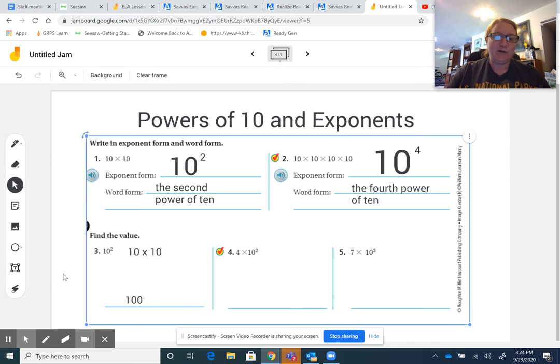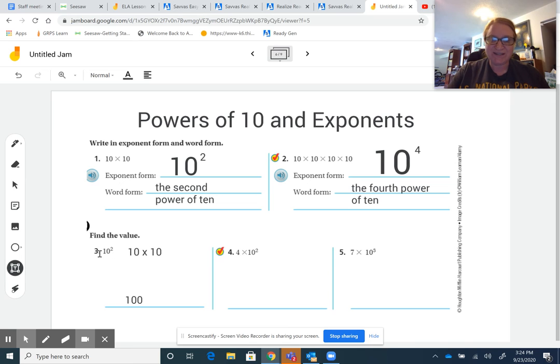Very good. Now for the next one, we just did the second power of 10. So the second power of 10 we said is 100. So now we can do 4 times 100. And what is 4 times 100? 4 times 100 is 400.